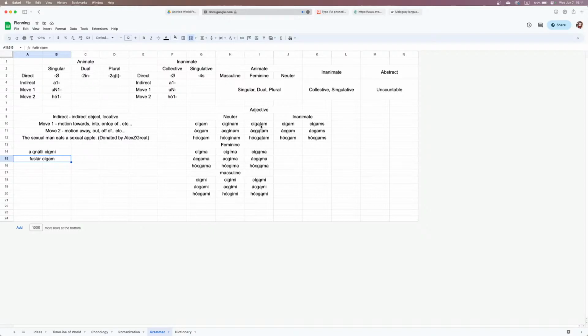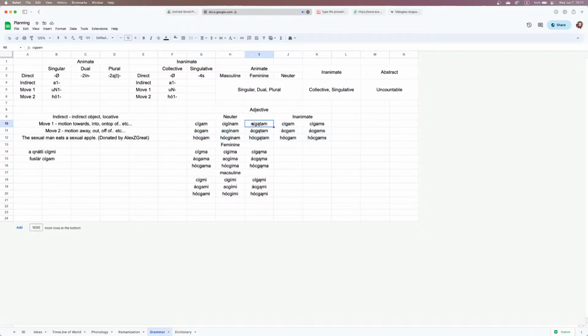And then I'm going to add a whole other aspect to the adjectives. I think adjectives will not agree in case. I think I'll have them just agree in gender, but they will also have to agree in deixis. So what I mean by that is, let's get rid of these.